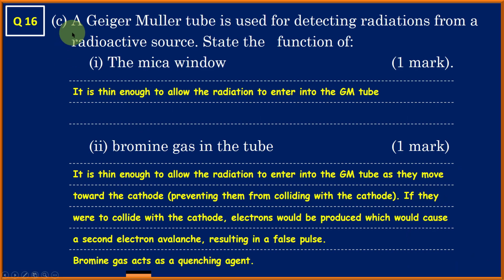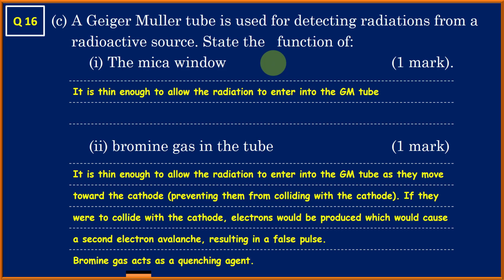Question number 16. A Geiger-Muller tube is used to detect radiations from a radioactive source. State the function of the small mica window. The mica window is made thin enough to allow radiation to enter into the GM tube. Again, you realize that there is need to keep the air pressure in the GM tube as low as possible, so that the radiations, especially those of alpha particles, are not stopped by air.